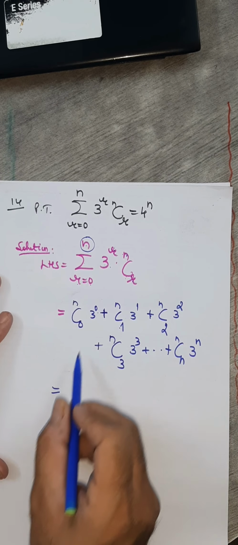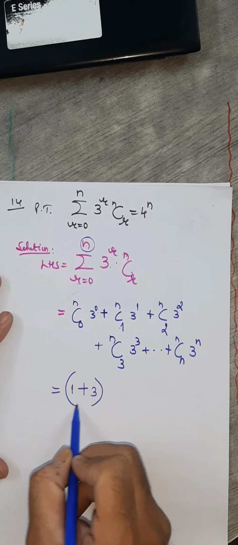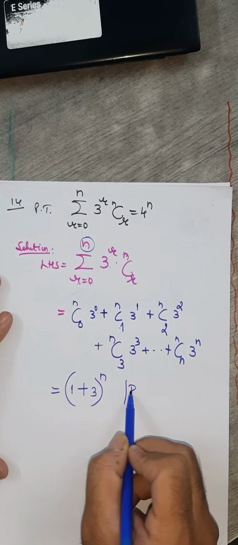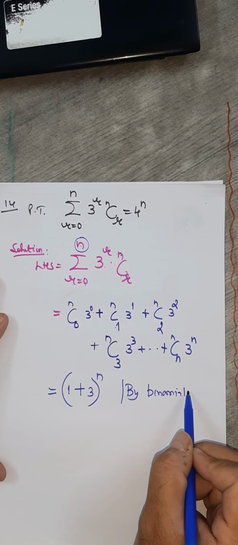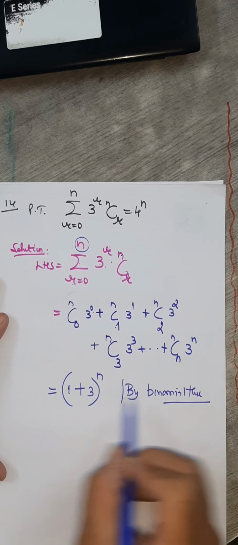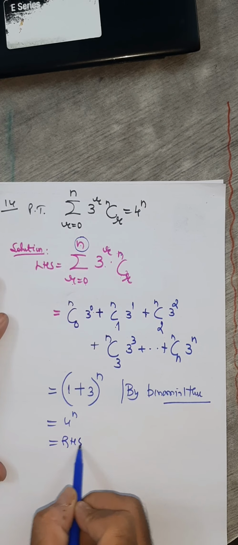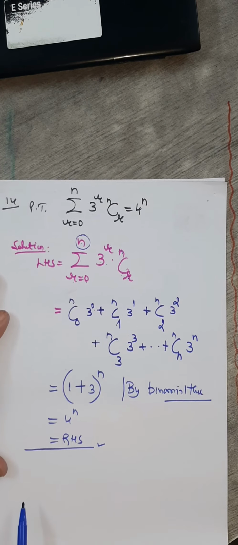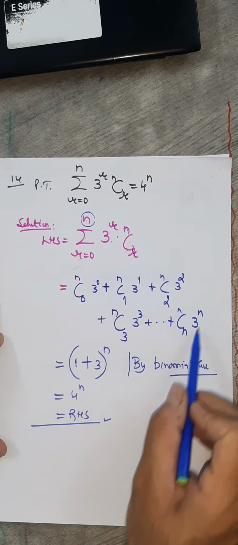What is this? If you observe, this is just 1 plus 3 the whole raised to n by binomial theorem. This is by binomial theorem. And what is this? This is 4 raised to n, which is RHS. Fine. You need to observe this.